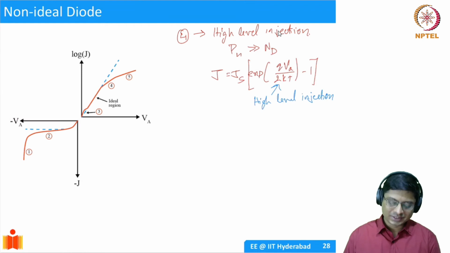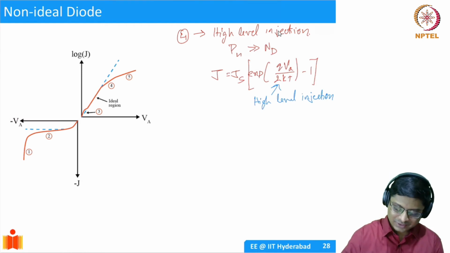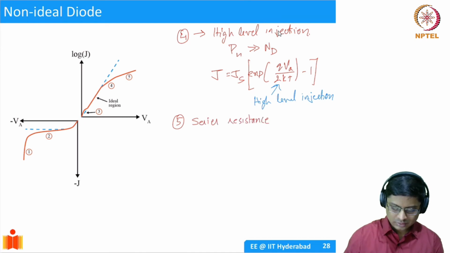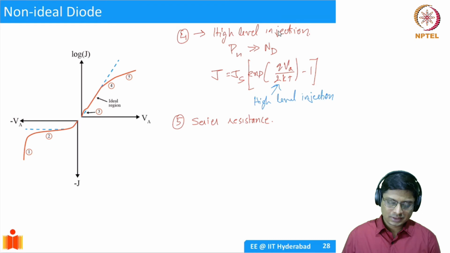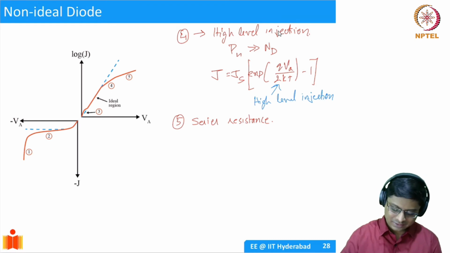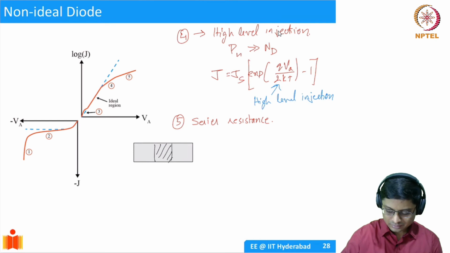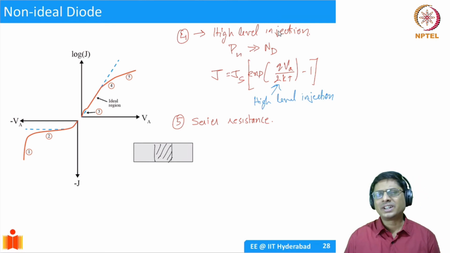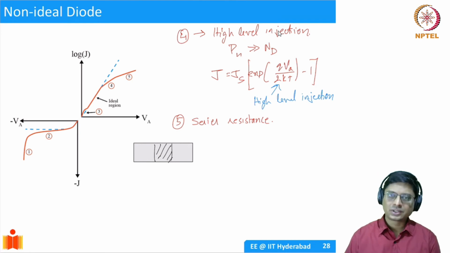Okay, the last non-ideality we can talk about is what is called series resistance. Well, we have a PN junction, right? Let's say you have a PN junction of this form and you have a depletion region. We always worried about the junction, carrier dynamics. We never considered what happens in the quasi-neutral regions.